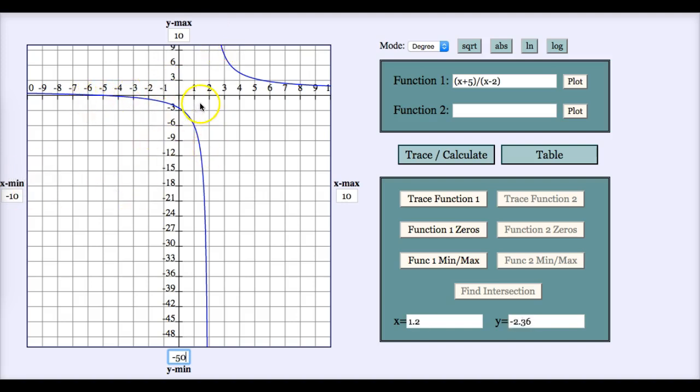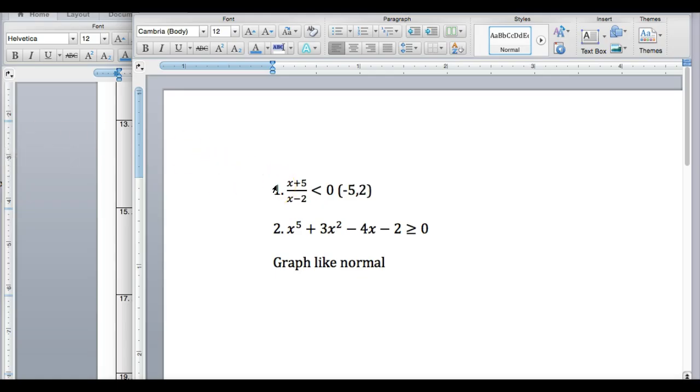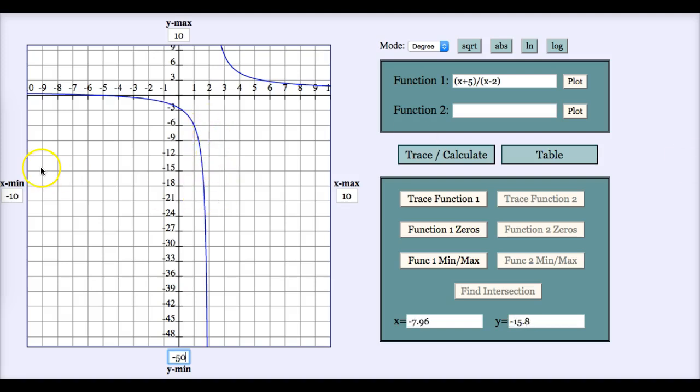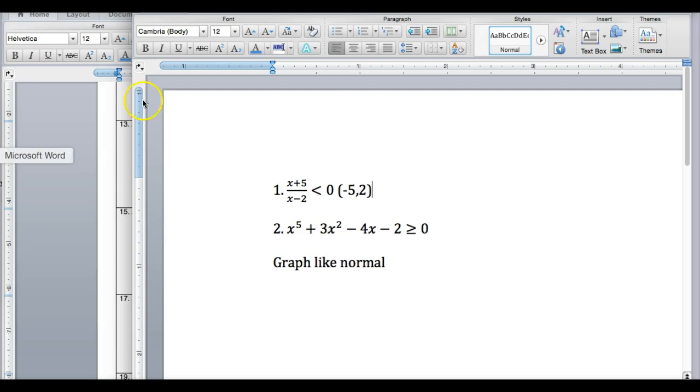So that's just going to be my second bound. Because it can't equal 2, I've got that asymptote. Whenever you have an asymptote with your graph, your asymptote value is always going to get parentheses, not brackets. And so my solutions to this inequality would be parentheses -5, comma 2, close parentheses.